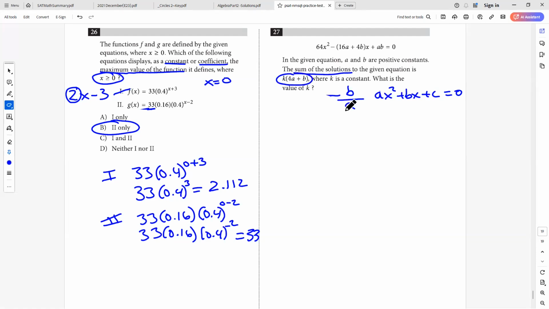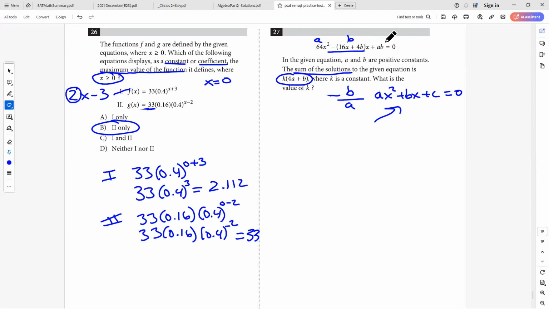So we just need to use that formula and get it into this form, k times the quantity 4a plus b. Now don't let the a and b's that appear here confuse you, because the a, when referring to the formula, is the coefficient of the x squared, so the 64 is a. The b is the coefficient of the x term, so that's this negative quantity of 16a plus 4b, that's our b value.